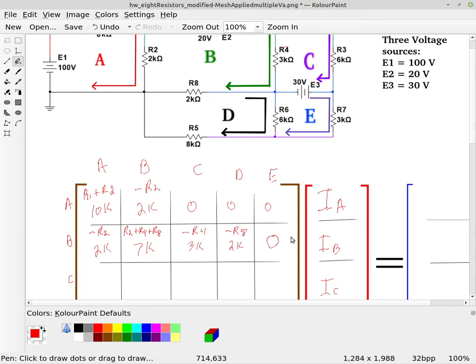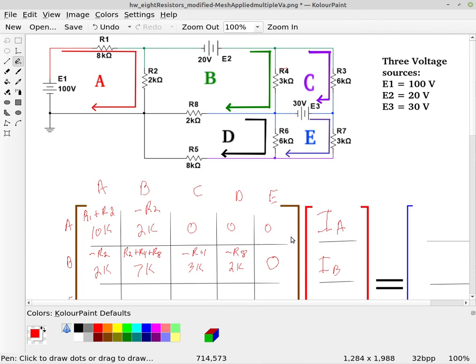Alright, so looking at loop C, loop C here is touching two resistors, R3 and R4.